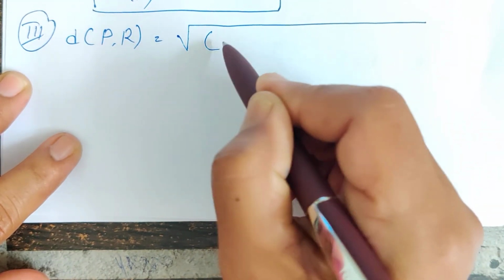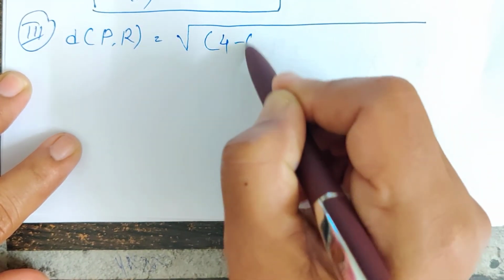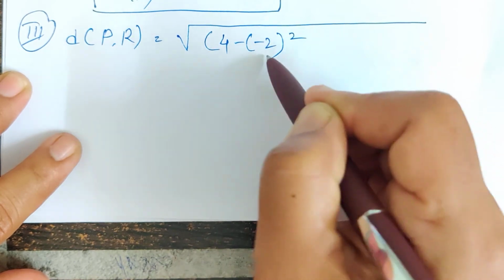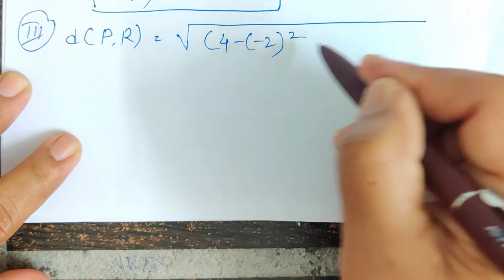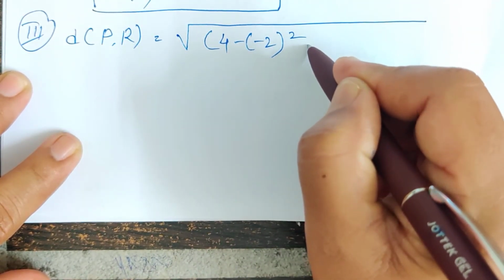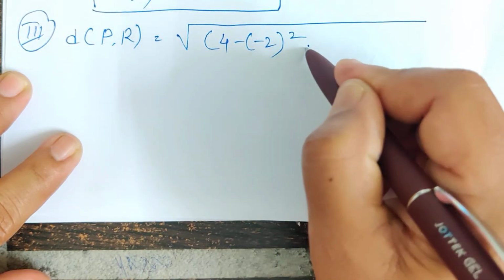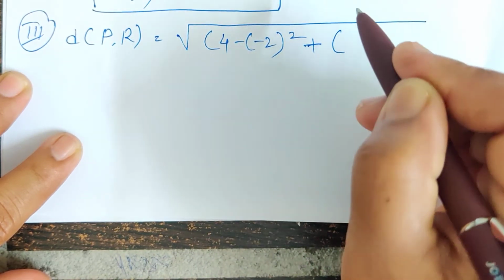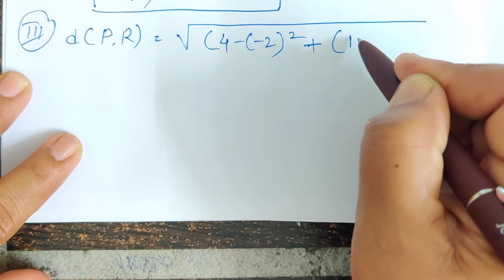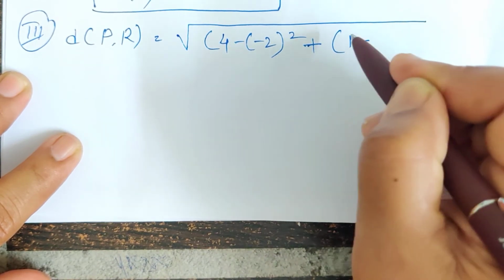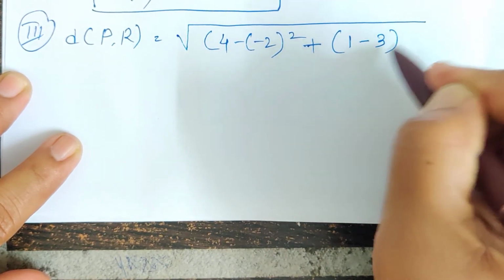So x2 is 4 minus x1 is -2, bracket square, plus y2 is 1 minus y1 is 3, bracket square.